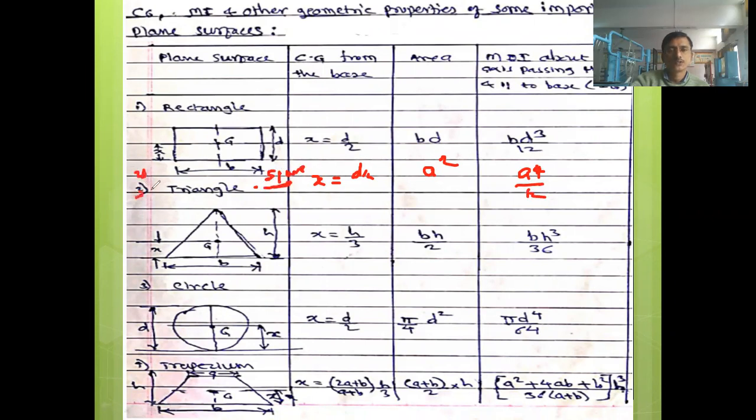For the circle, from the base the center is at x equal to d by 2. Area of the circle is pi by 4 into d square, and the moment of inertia about this axis will be equal to pi by 64 into d raised to 4.